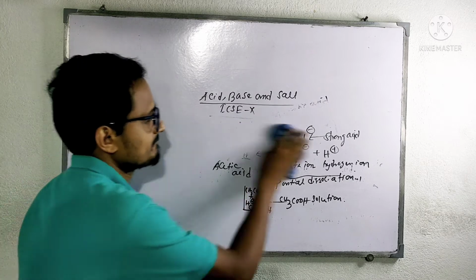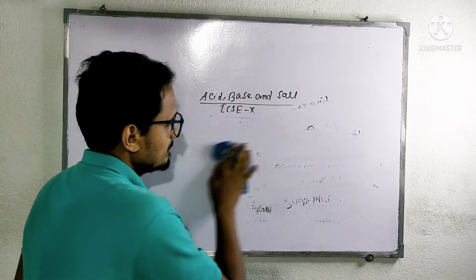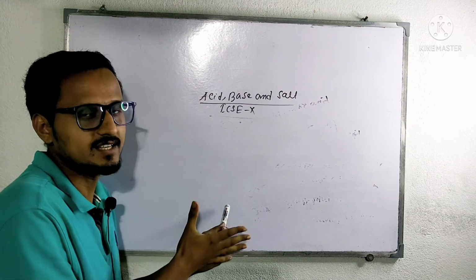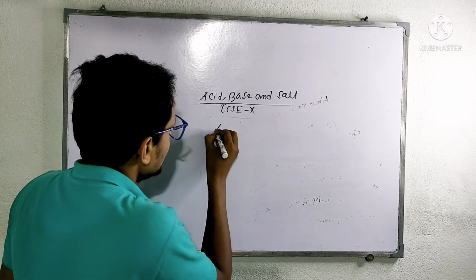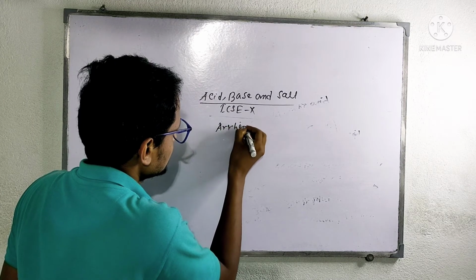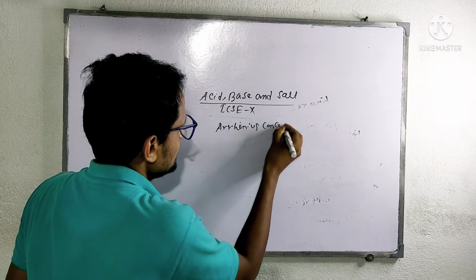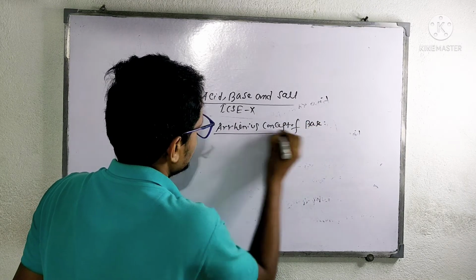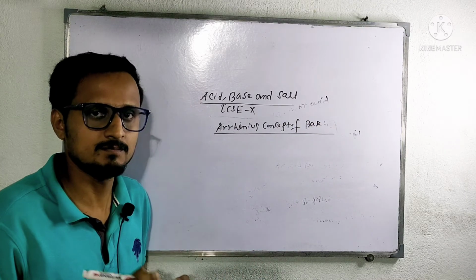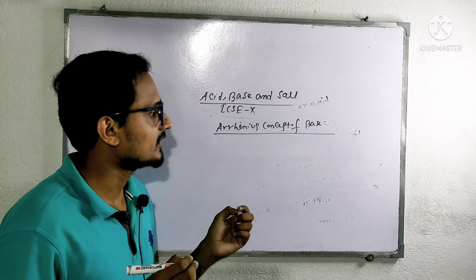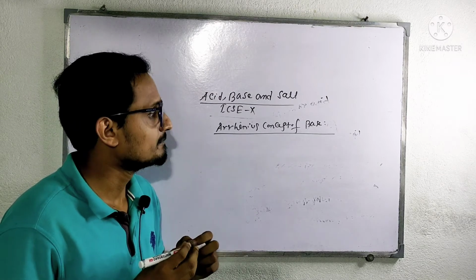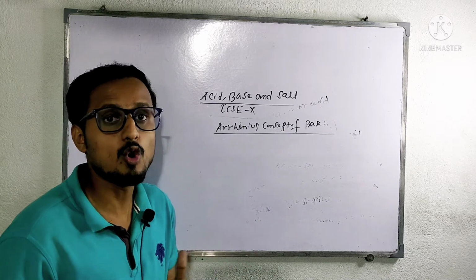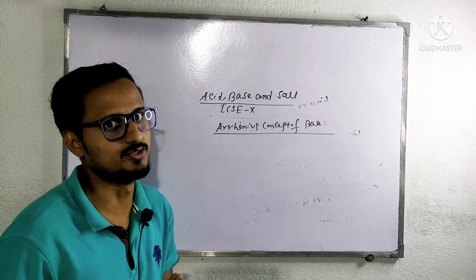Now bases. According to the Arrhenius concept of base, what he is telling is that bases are substances which dissociate to form OH minus ion in aqueous solution.